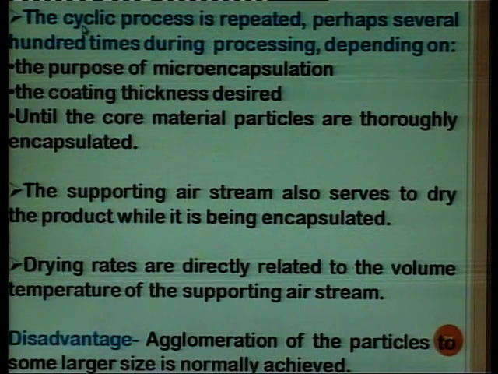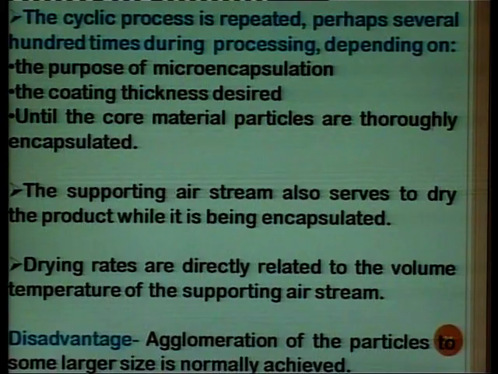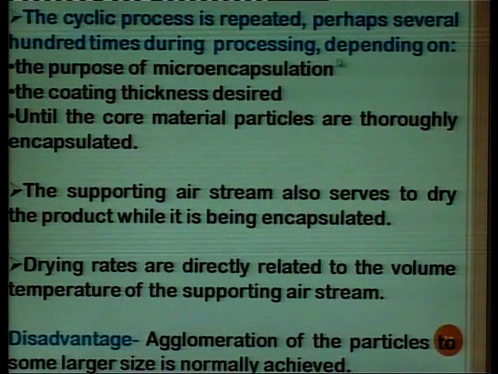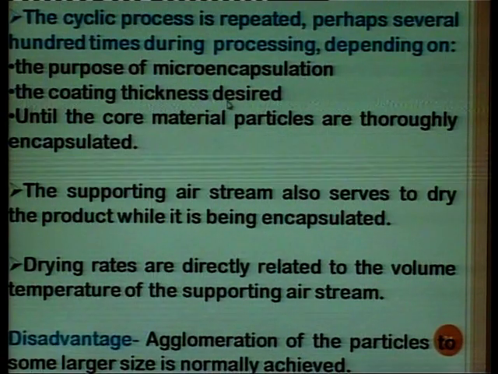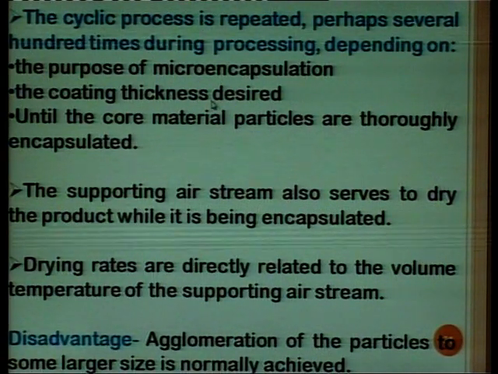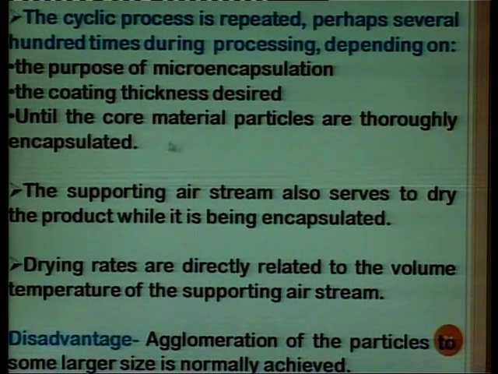The cyclic process is repeated perhaps several hundred times during processing, depending upon the purpose of microencapsulation and the coating thickness desired, until the core material particles are thoroughly encapsulated.